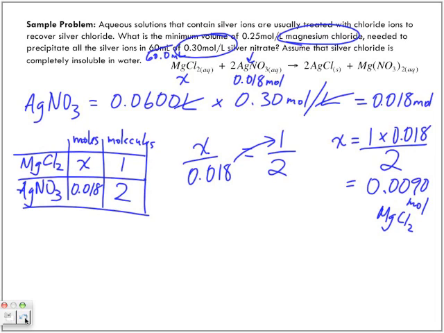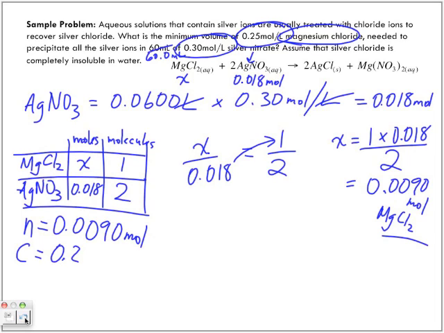So we're going to take the number of moles that we have here, that is our N value, 0.0090 moles. We've got a concentration of the magnesium chloride, which is 0.25 moles per liter.